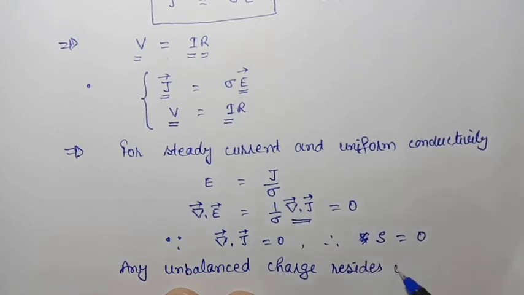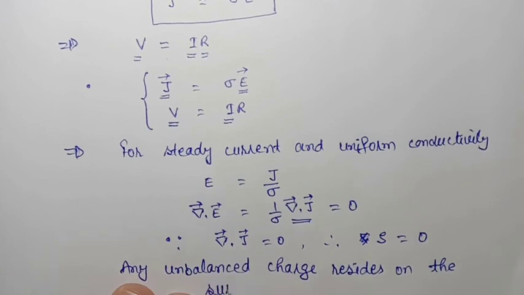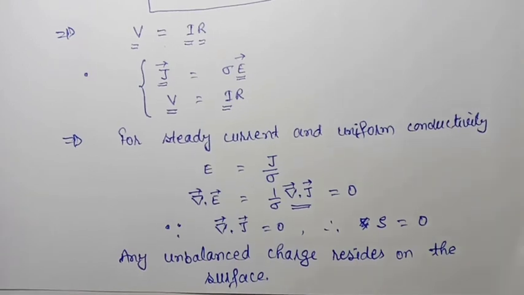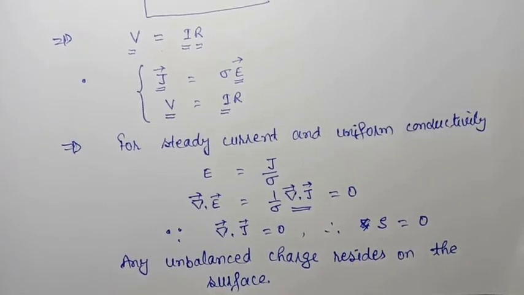It resides on the surface. So it simply means, because del dot J is equals to 0, that is divergence of volume current density equals to 0, it means volume charge density is equals to 0. So it implies that any unbalanced charge resides on the surface of the material.